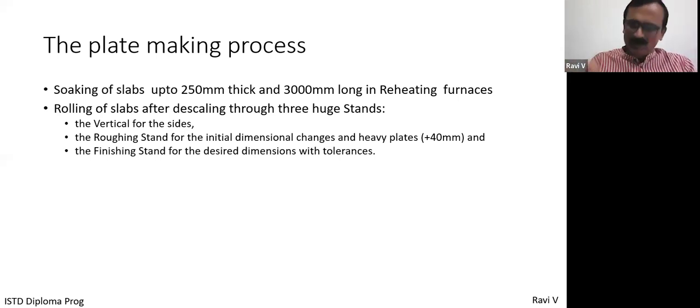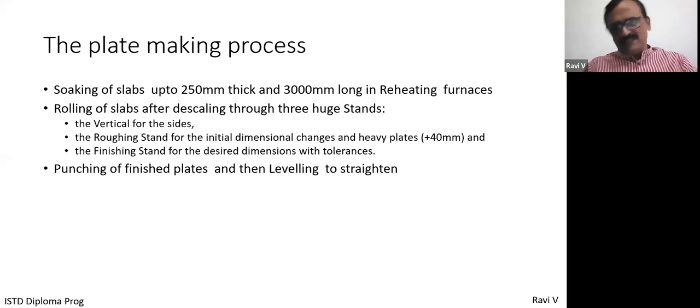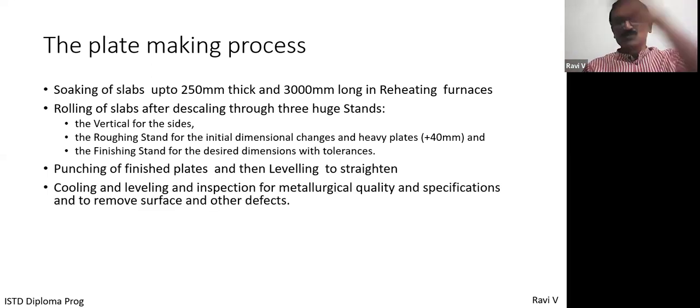Of course, it doesn't look like a ball, it's a slab, wherein by continuous rolling of the sides and tops, a plate is made. And the plate is punched to mark the heat number, relating to a customer, then cooled, leveled and inspected for metallurgical quality in the beds that are there.